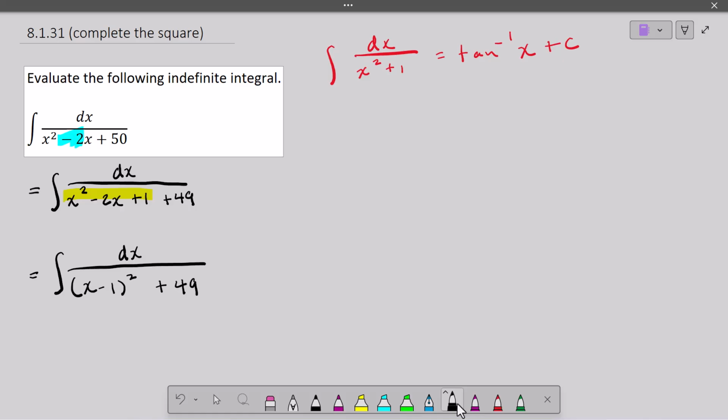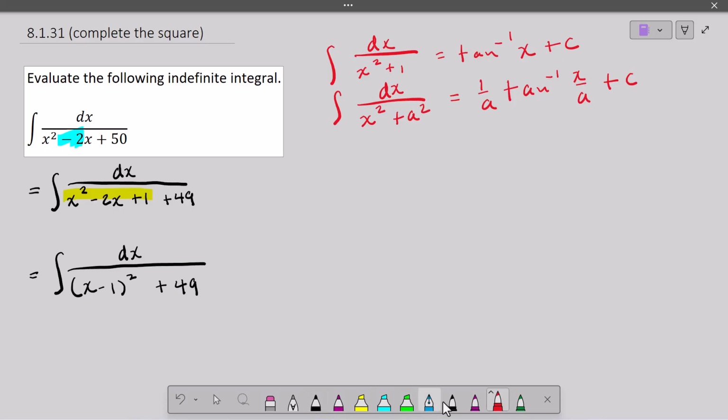Now, there is a formula for the constant not being 1. We could jump to this conclusion and do 1 over a times inverse tangent of x over a plus c. That's another option, which we could do immediately right now.